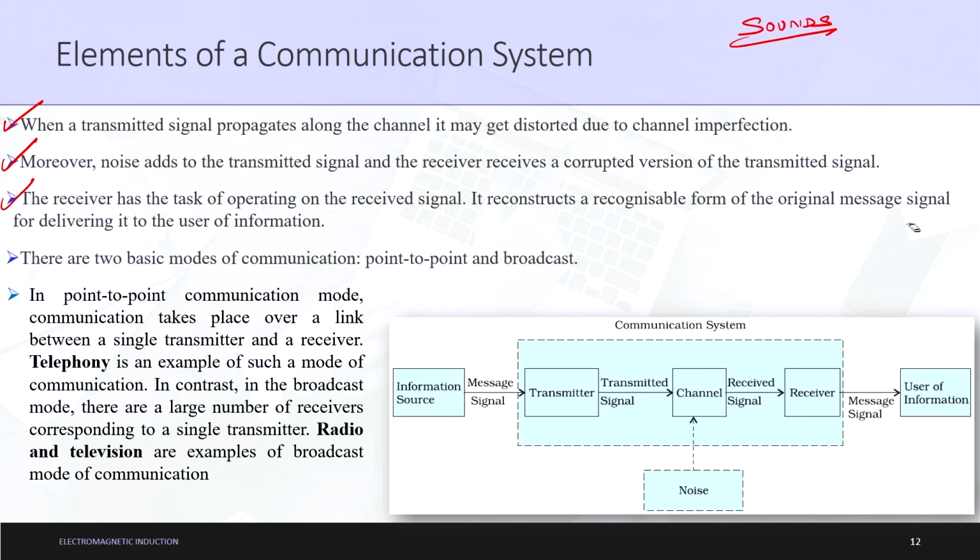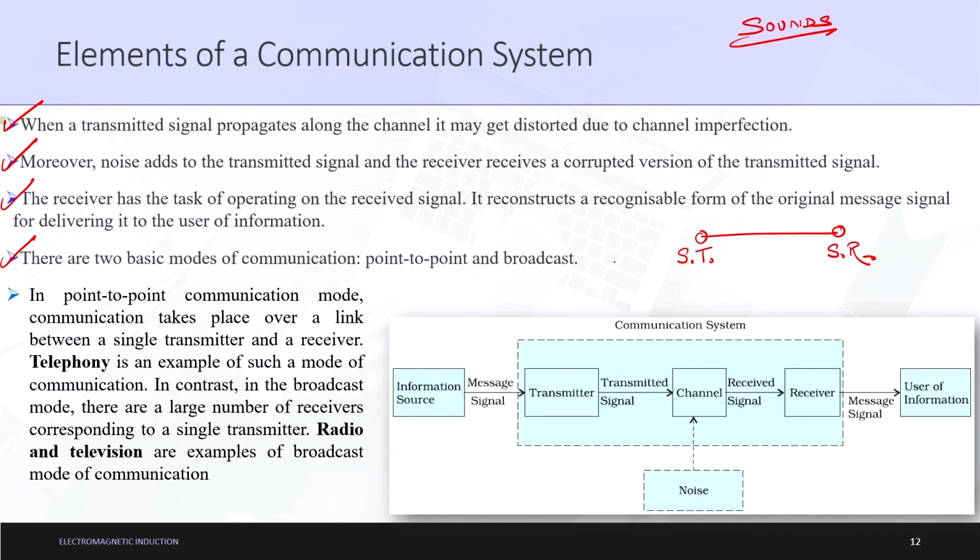Let me iterate whatever is written on the left. There are two basic modes of communication, point to point and broadcast. In the point to point communication mode, communication takes place over a link between a single transmitter and a receiver. So, there is a single transmitter and there is a single receiver. Telephony is an example of such a mode of communication.